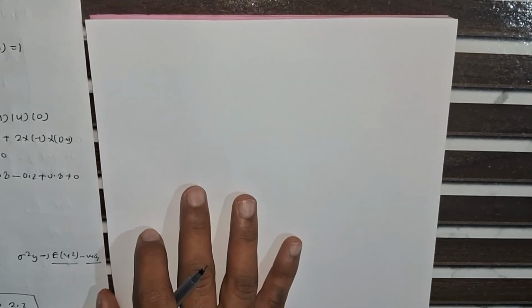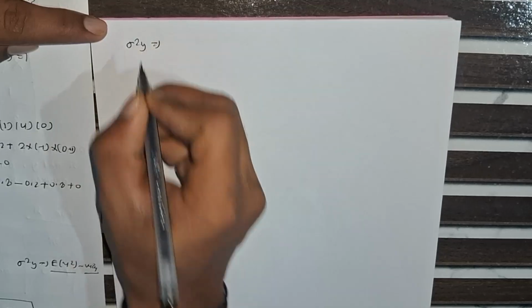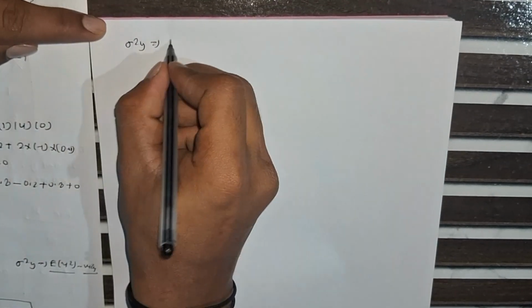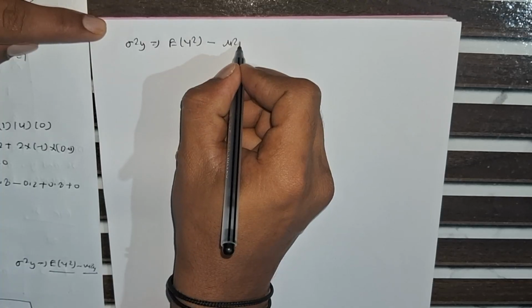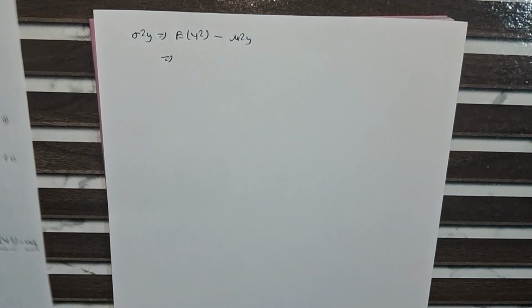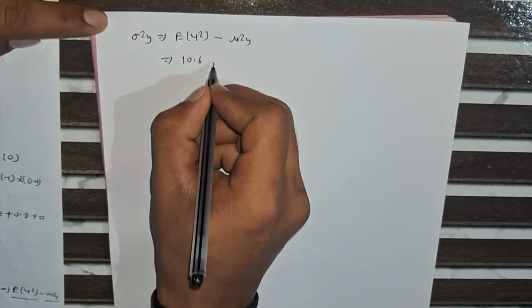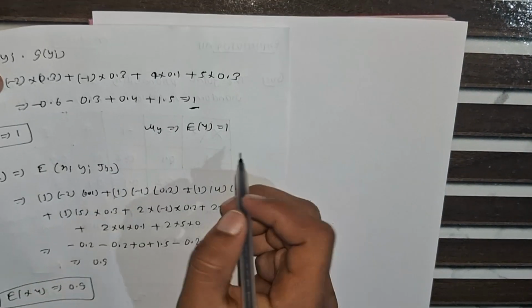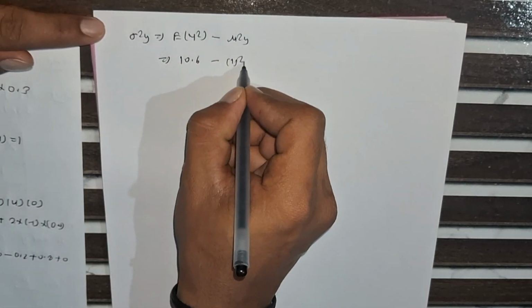So by the data, sigma square y is equal to expectation of y square minus mu square y. The expectation of y square we already got as 10.6. This is 10.6 minus mu of y, which is 1, so mu square y is 1 whole square.